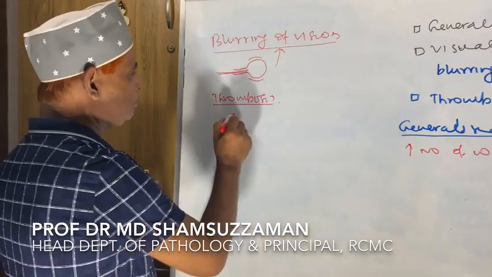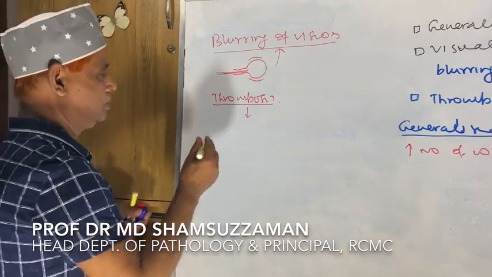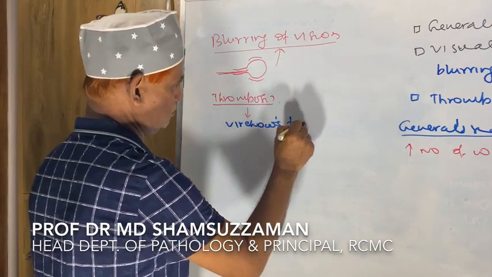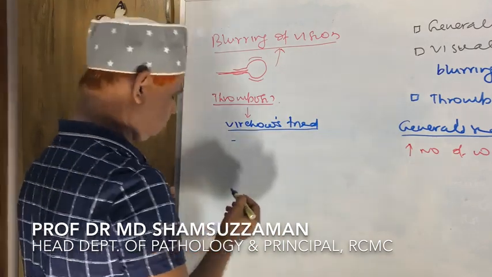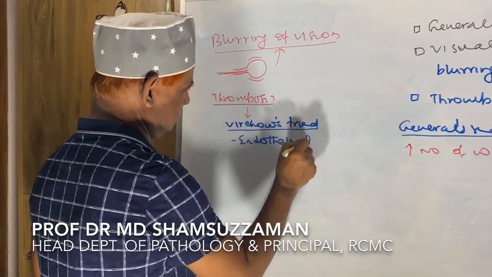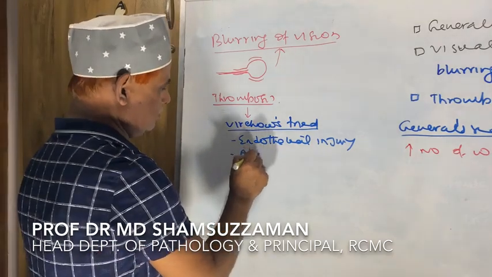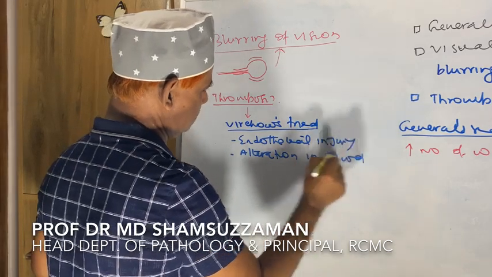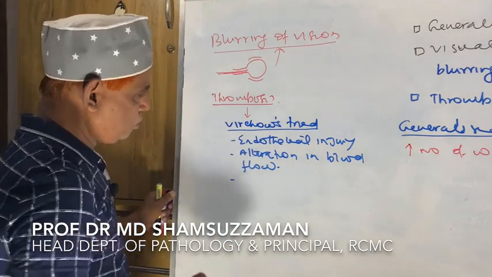And for thrombosis, Virchow's triad is needed, and it includes endothelial injury, alteration in blood flow, and hypercoagulability of blood.